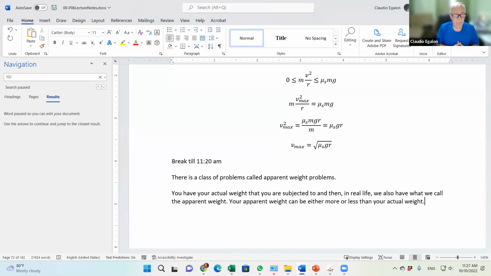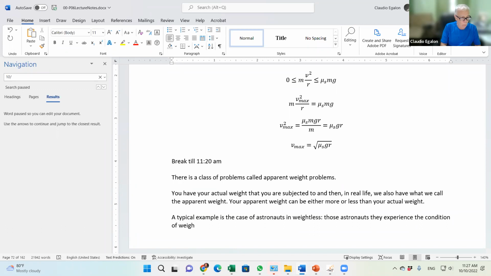Okay. A typical example is the case of astronauts in weightlessness. Those astronauts experience the condition of weightlessness, okay?